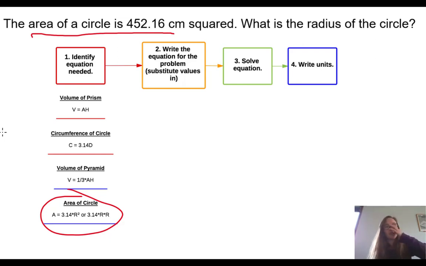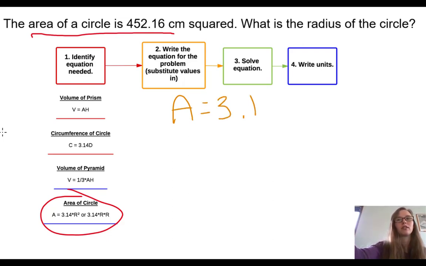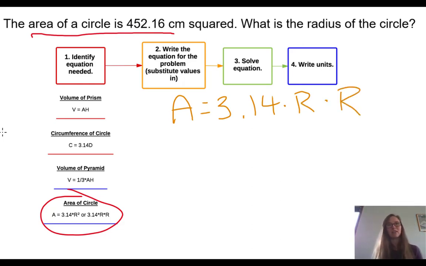So you're going to pick which one makes more sense to you. I'm personally going to choose the second one, and you'll see why in a second, but it does not matter. The other one is just shorter to write.